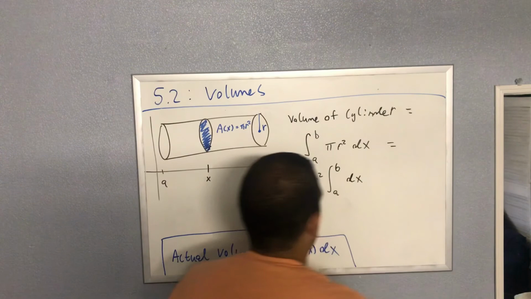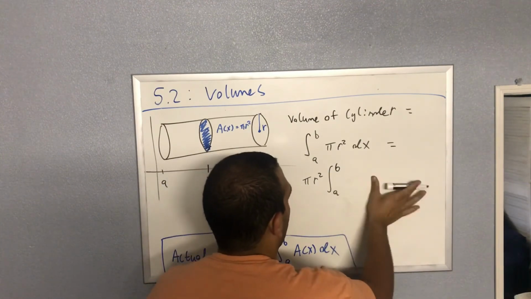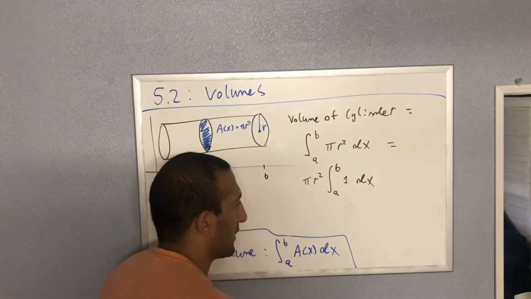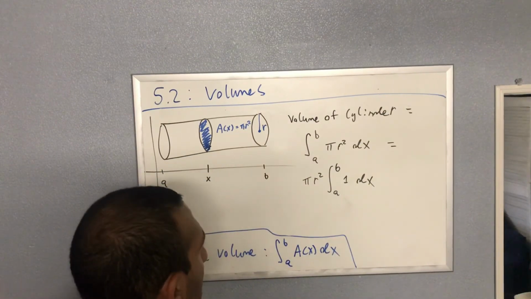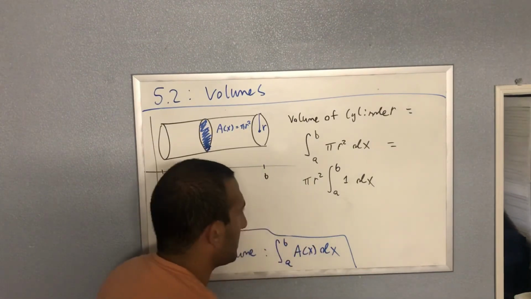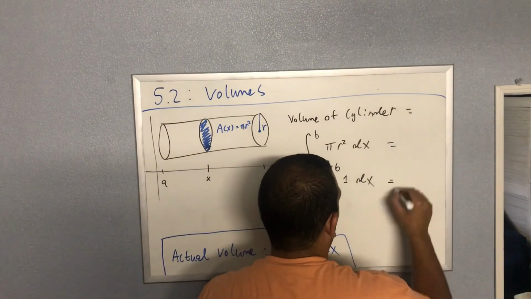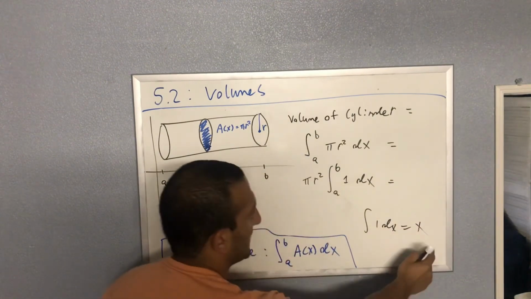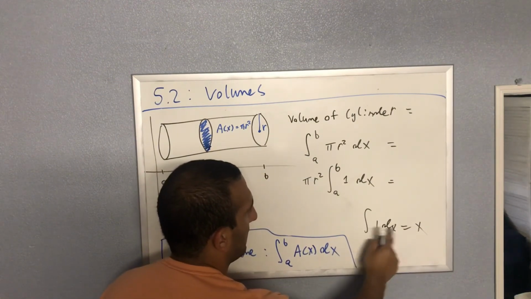And so you can think of there being an imaginary 1 here. Either way, the integral of just 1 is just x, because the derivative of x is 1.